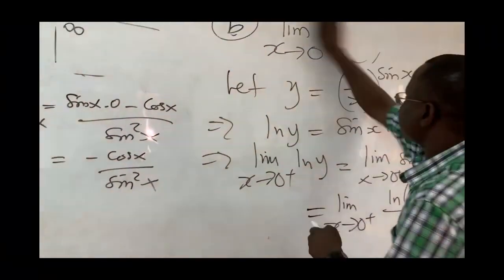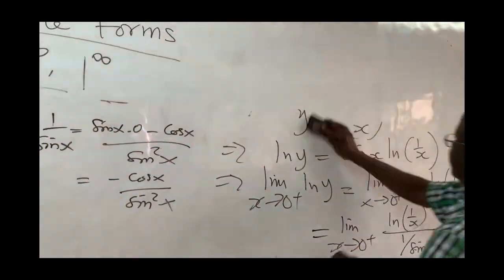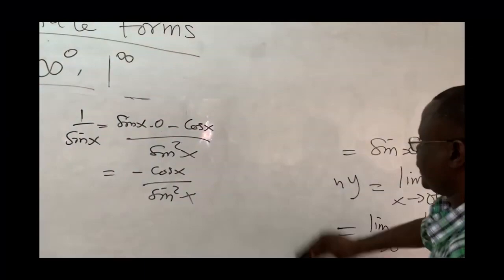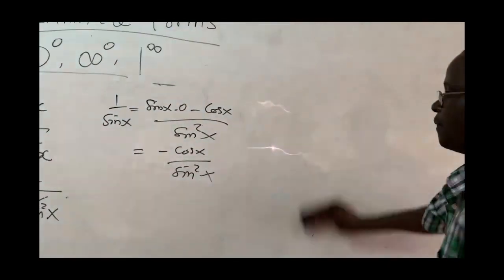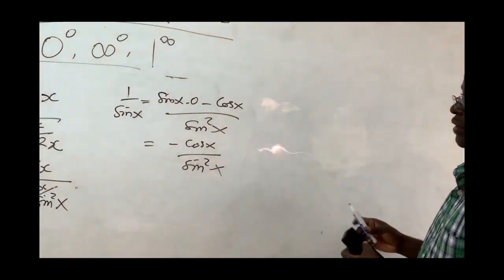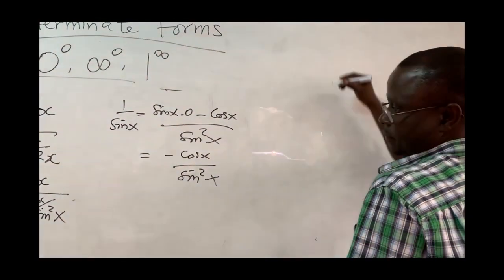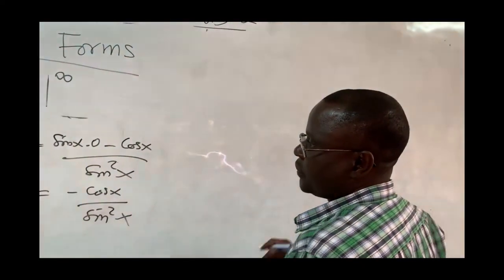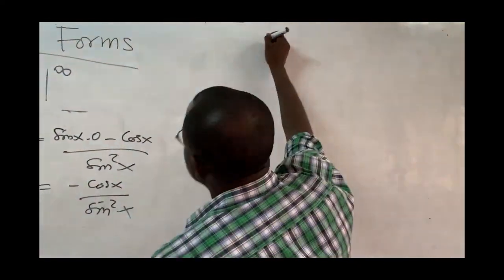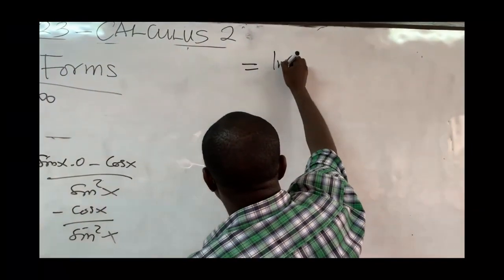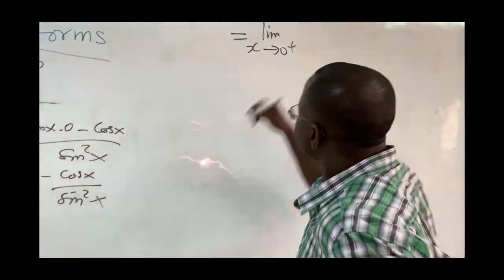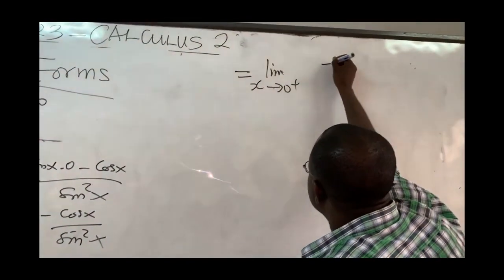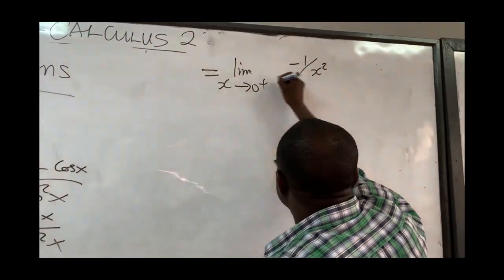If we go ahead and find the derivative again, we are going to have the limit as x goes to 0 plus, the top will just give us minus 1 over x squared.